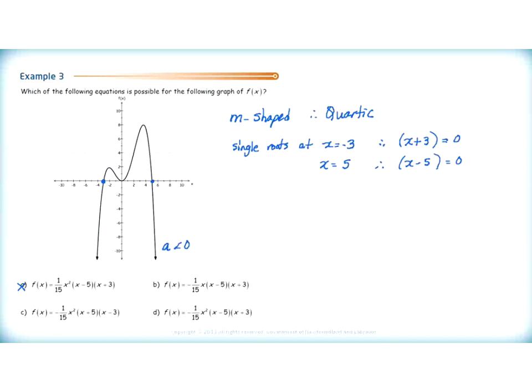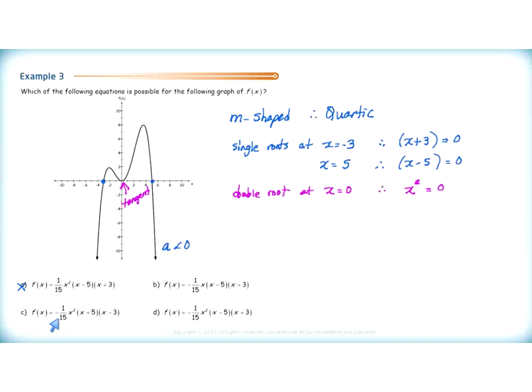And as well, we have a double root. Notice that the graph is tangent at x equals 0. So we have a double root at x equals 0. So you will see x squared equal to 0 as a factor in the polynomial function.